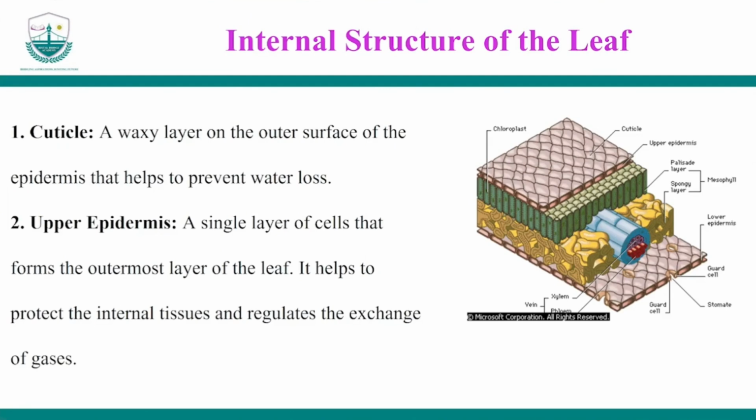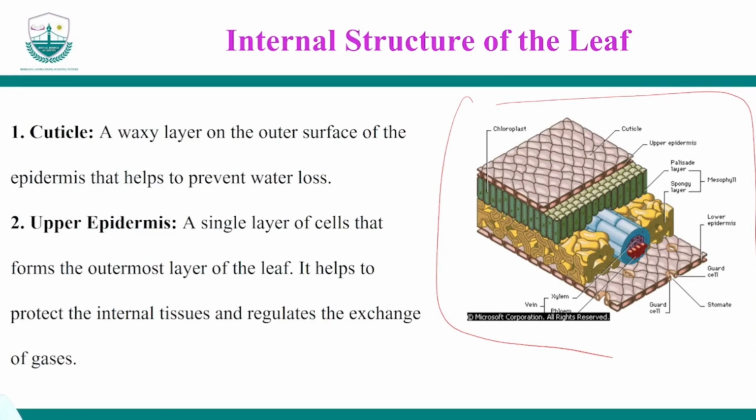And how do we get the oxygen out, which is the waste product of photosynthesis? Understanding the structure of the leaf helps us in answering those questions. So this is the internal structure of the leaf. That means if you get a microscope and look at the internal structure of the leaf, this is what you basically find.